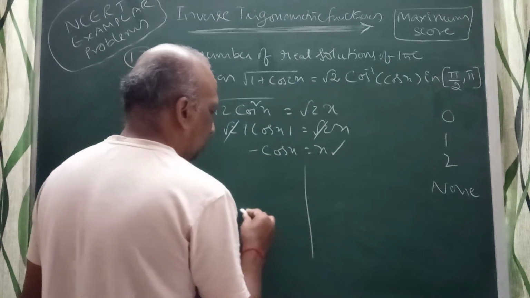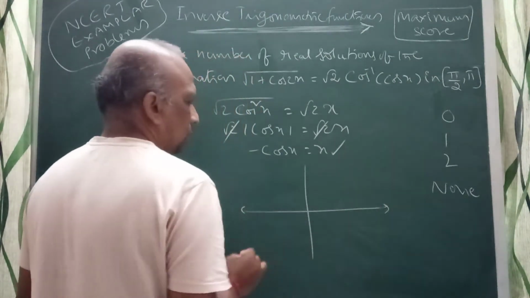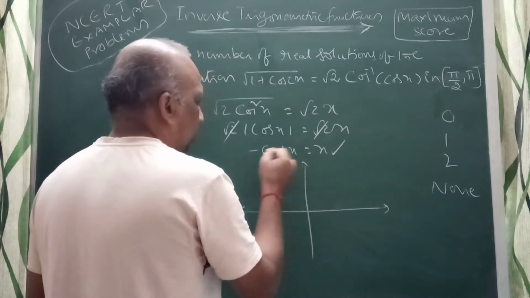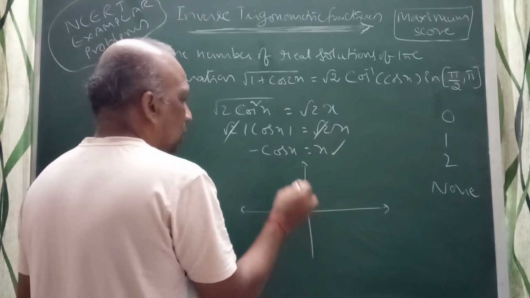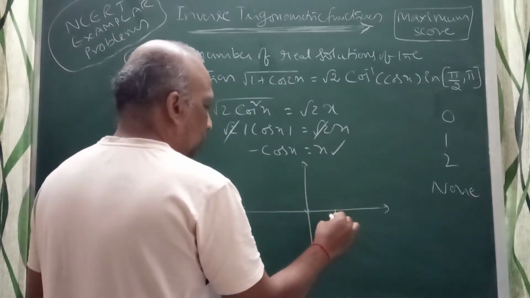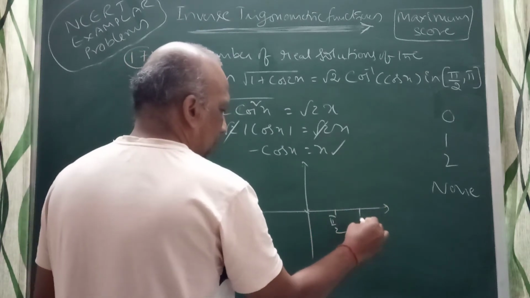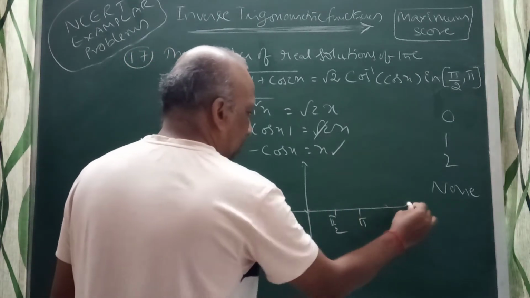If you think about the graph of this one, this is y equal to x. You can think about minus cos x. Let it be pi by 2 to pi, because they are asking between pi by 2 to pi.